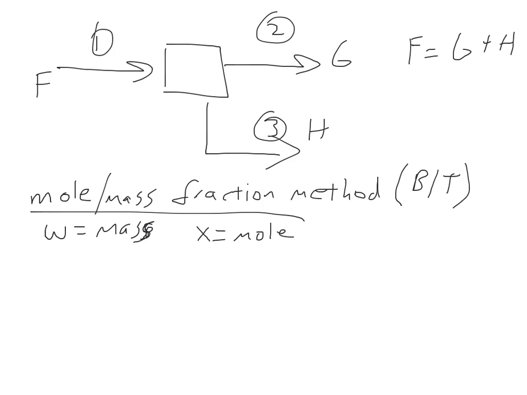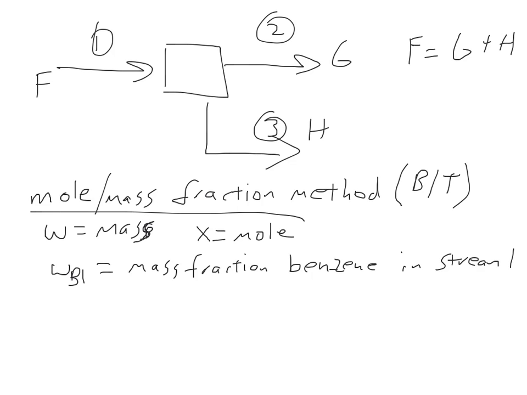So in this case, I can write out WB1, and that would be the mass fraction of benzene in stream 1. And I could write WB2, WB3, so those would be the mass fractions in streams 2 and 3.